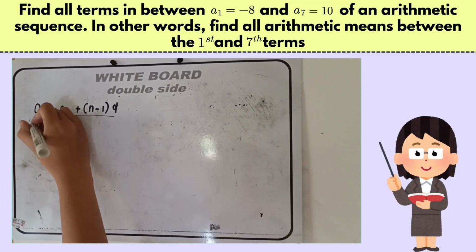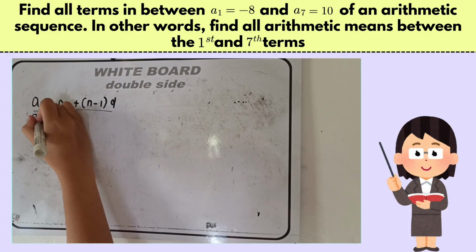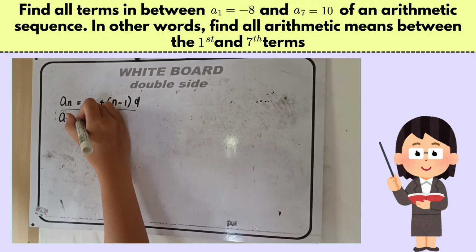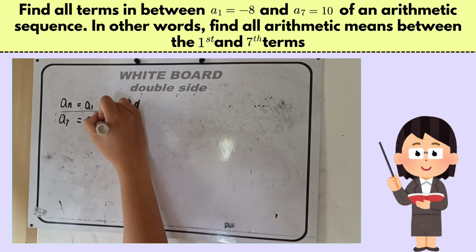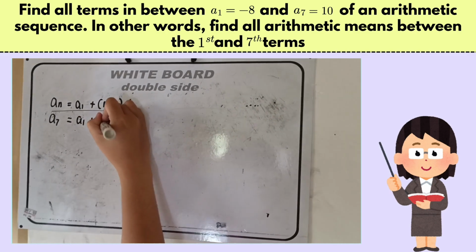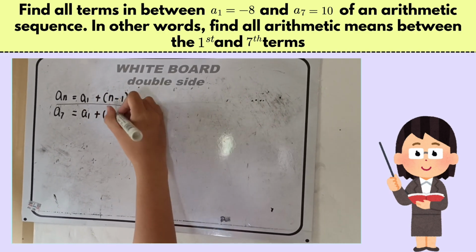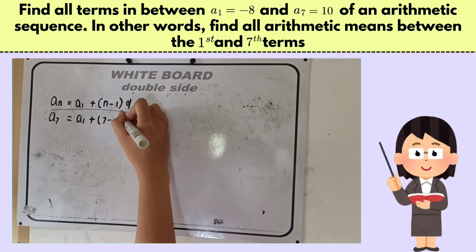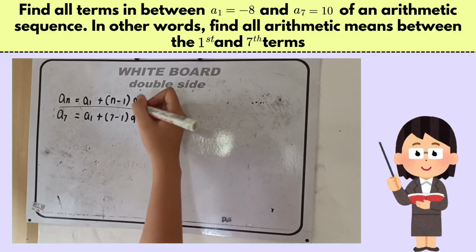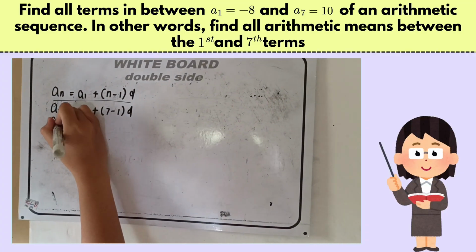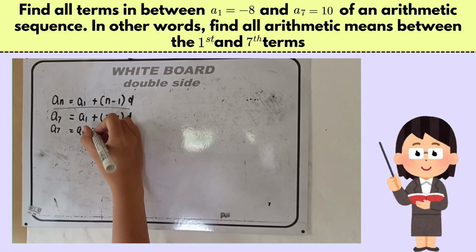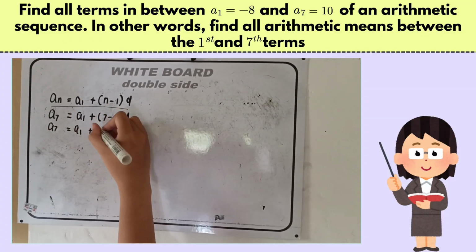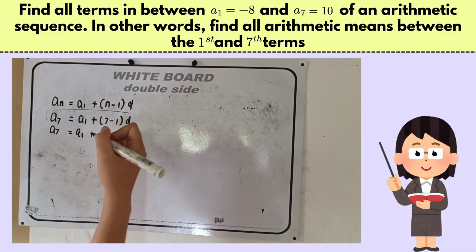And then a sub 7 equal a sub 1 plus 7 minus 1 multiplied by d, and we get a sub 1 plus 6d.